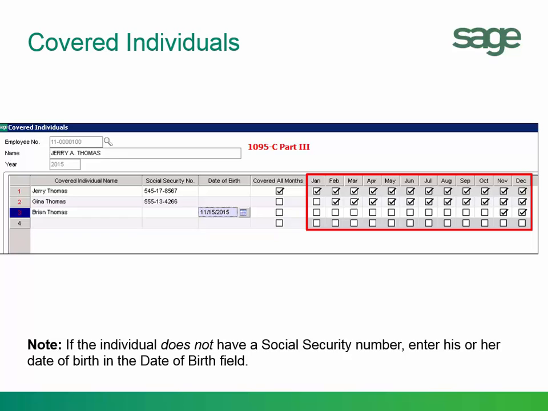Clear the checkbox for any month that they were not covered. Now let's look at this example. Jerry, the employee, was covered all year, and he married Gina on February 6th, so she is covered from February through December. They had a baby in November called Brian, who is covered from November through December.